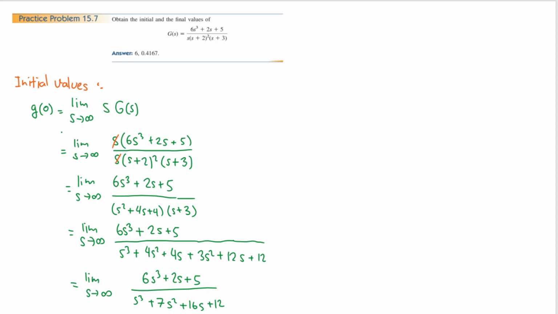Now we can divide both numerator and denominator by s to the third power.